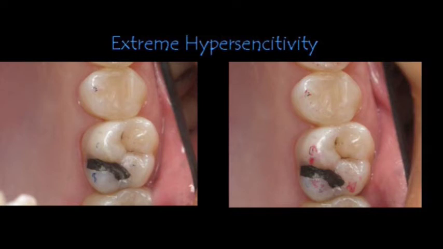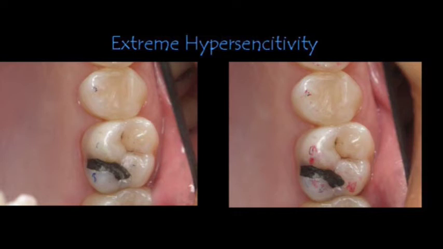After I removed those interferences, the sensitivity went away almost immediately. By the next day, and then the second day when I saw the patient, all that sensitivity was completely gone. And this has been my experience almost every single time.